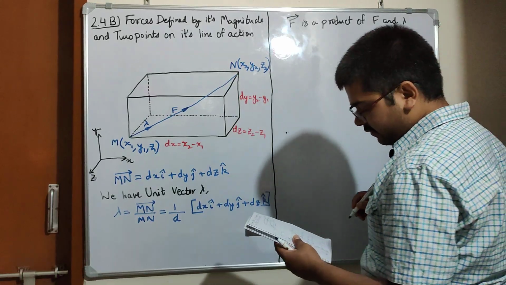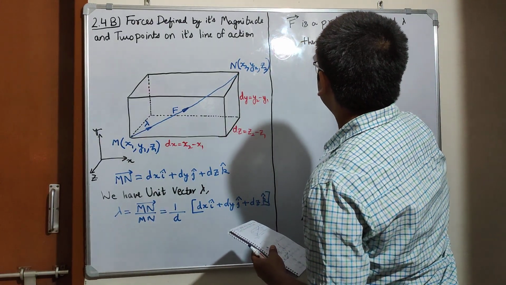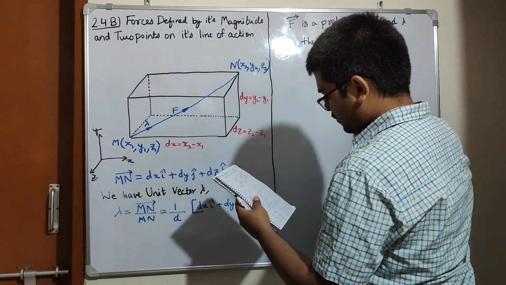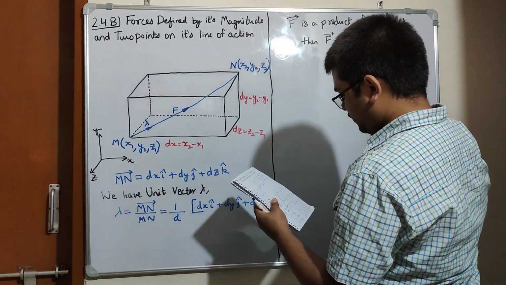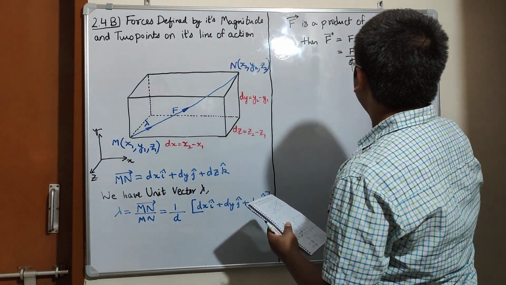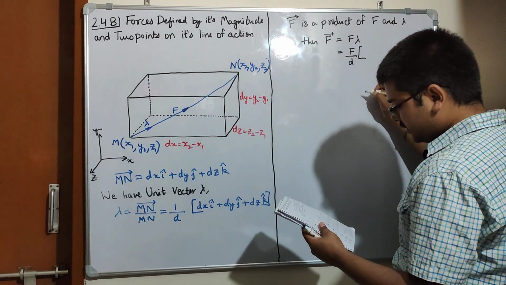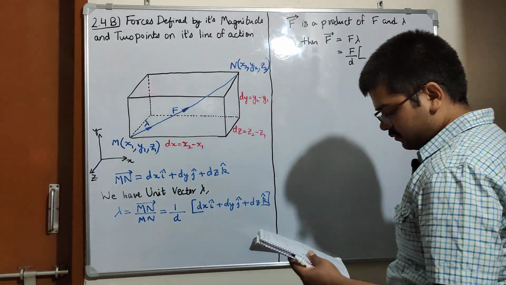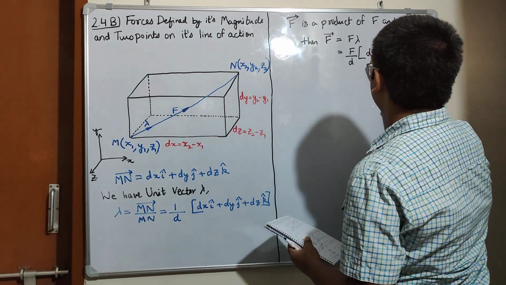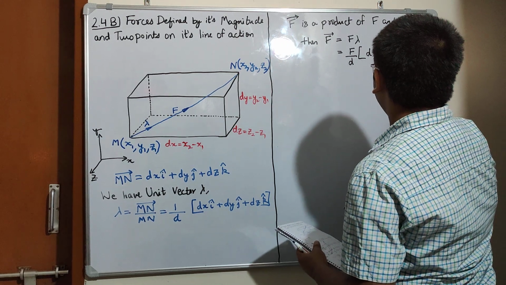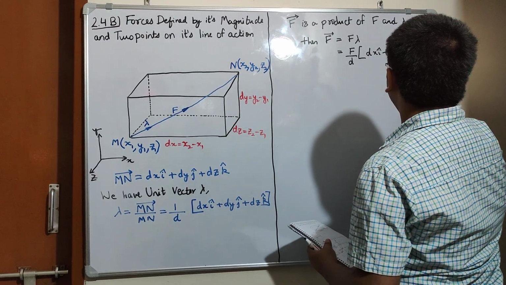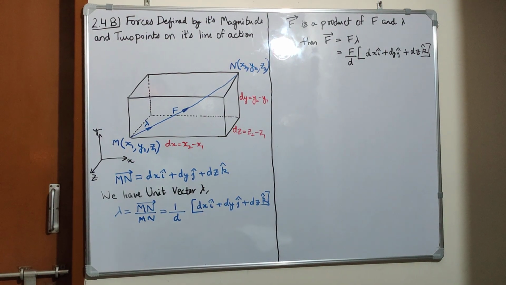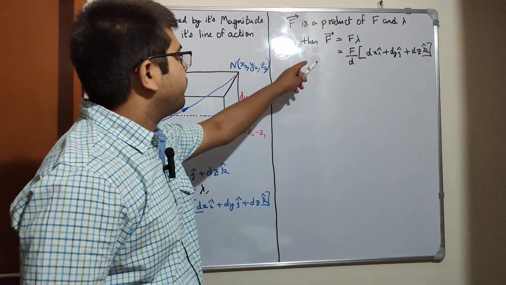Then F vector is equal to F lambda, equals F by d, and in the bracket this lambda vector, dx i cap plus dy j cap plus dz k cap. So this is our F vector.